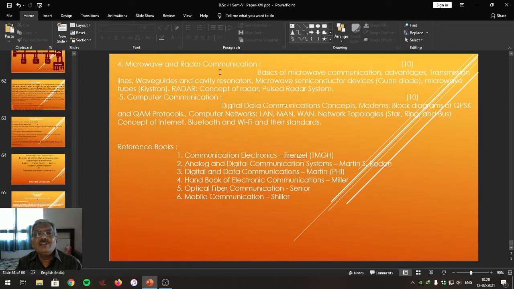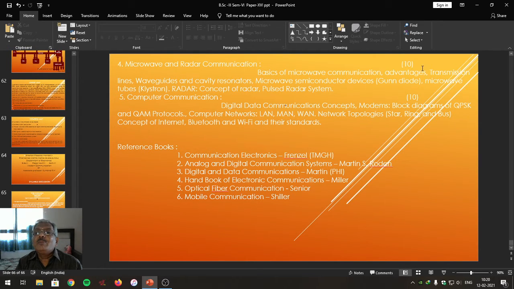We are going to study the elaborated aspects of the microwaves and how those are used for the radar communication. Where we are going to cover the basics of microwave communication. What are the advantages of using the microwave in the field of communication along with its disadvantages and its applications.